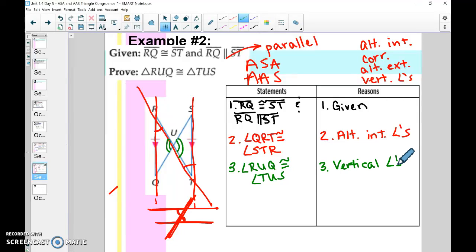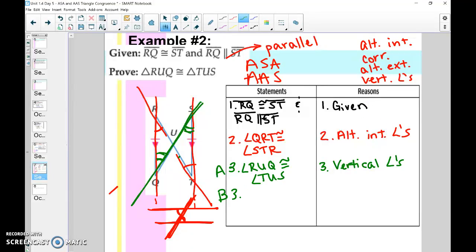Okay, the other way you could do it, so we'll say A here and B here. You could have also realized that you actually have another set of alternate interior angles. If you go this way, we could have also used this guy and done the same reasoning as up here.